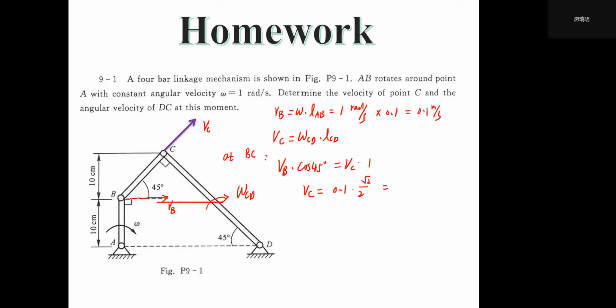So we have 0.1 times square root of 2, and divide by 2.